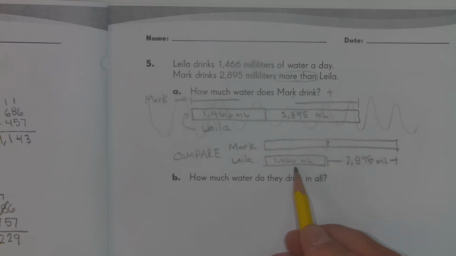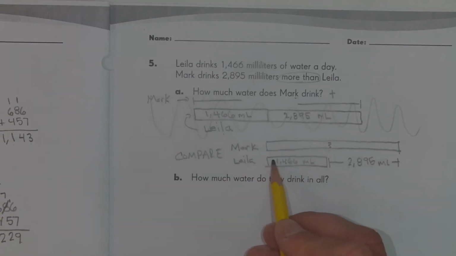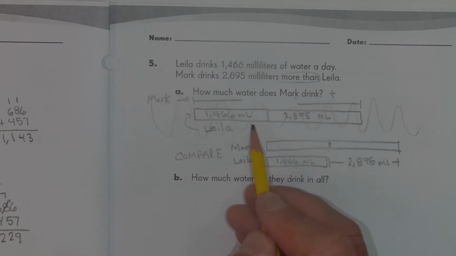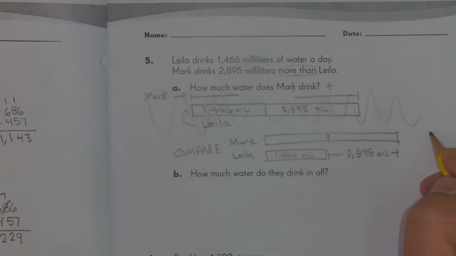So I still need to add together what Leela drinks and how much more Mark drinks than Leela to get this number. So I wasn't altogether wrong, but I like this setup a little bit better. You can keep whichever one you like, and you can continue to move forward, but I'm going to work with this one. Either way, I know I still need to add those two numbers together.